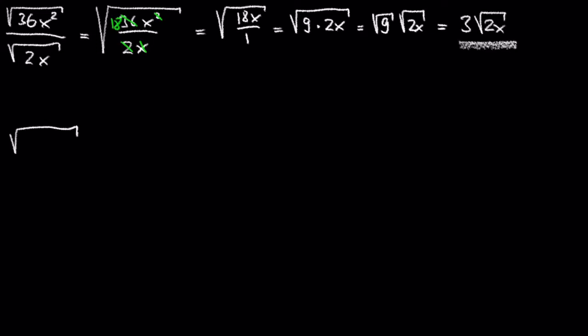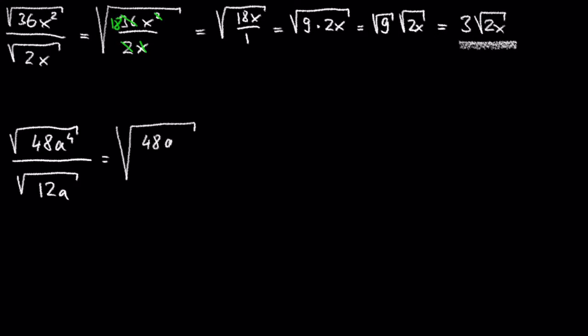The square root of 48a to the 4 over the square root of 12a. Again, after applying the division law for roots, we get the square root of 48a to the 4 over 12a.